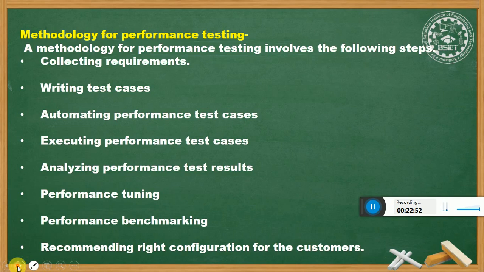Fifth, analyzing performance test results. Sixth, performance tuning. Seventh, performance benchmarking. And eighth, recommending right configuration for the customers. So these are the steps that we need to follow as a part of the performance testing.